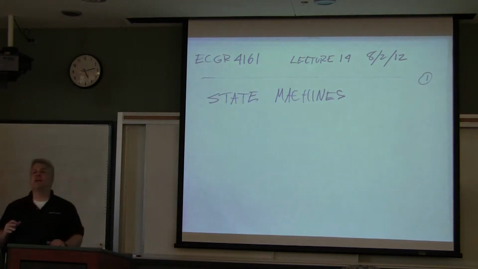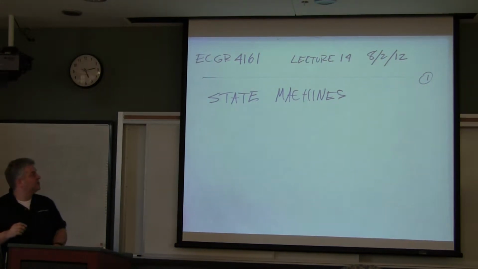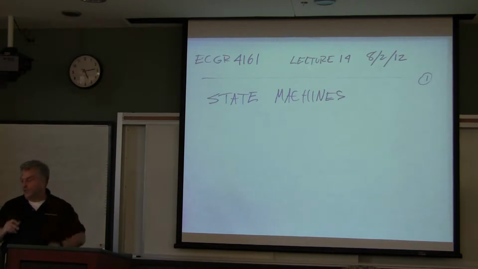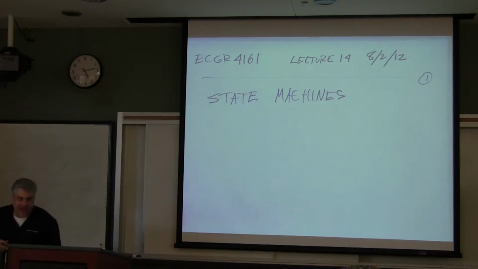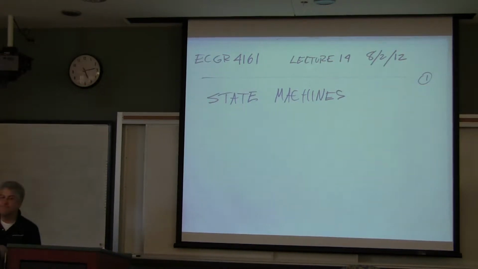Now, a classical state machine, and a really simple one, will be the following. Let's say I have a dishwasher.